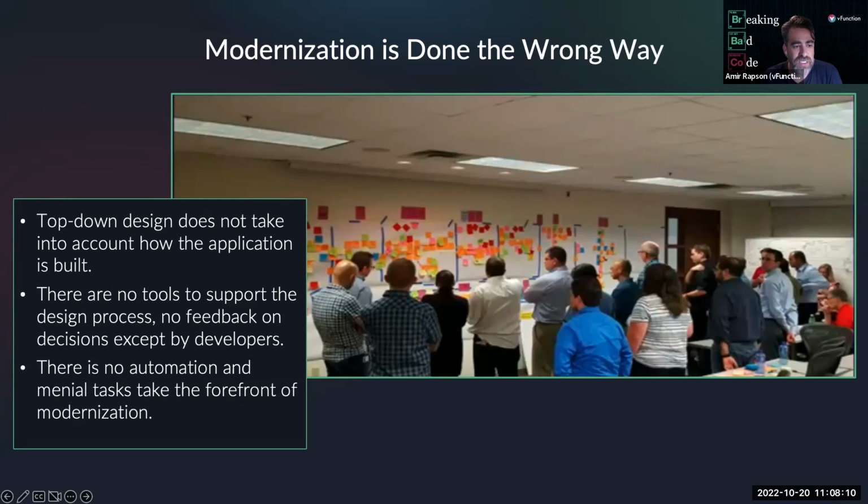And the reason is not only that it doesn't take into account how the application is built, there's no real tools to support the design process. And without these tools, these architects have no way of understanding if what they're describing or asking the developers to do is actually the right thing to do. Lastly, there's no automation around extracting services from a monolithic application.